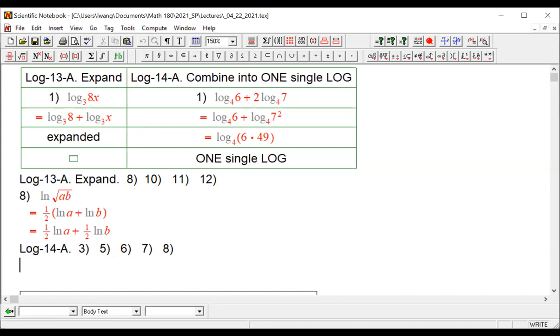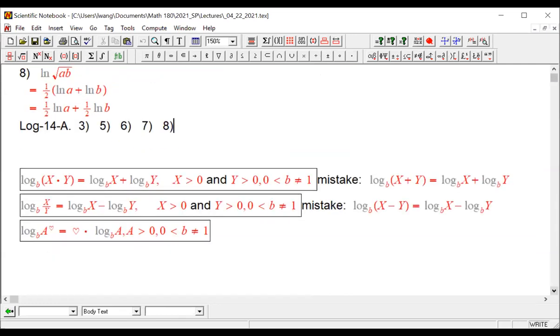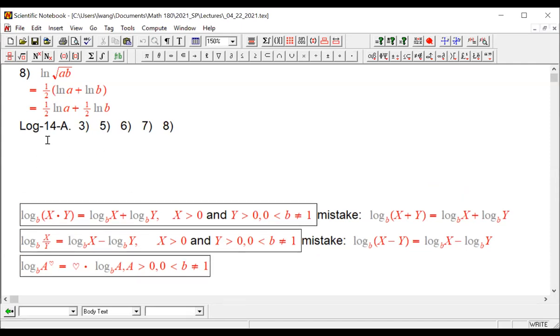Let's do another combining example. How about you point to one? Number 2 is good. Okay, why not? Number 2.